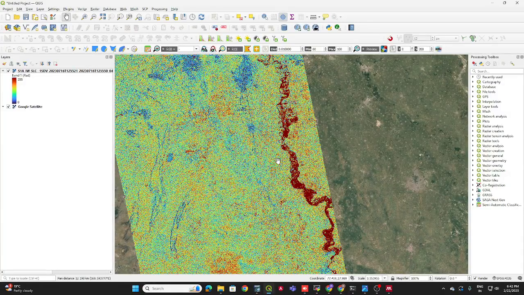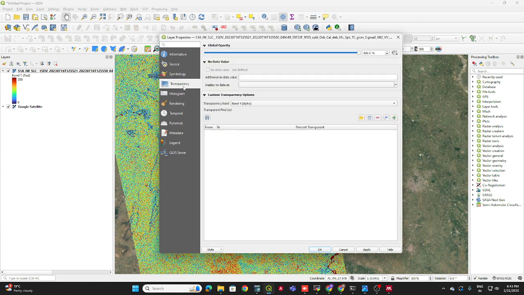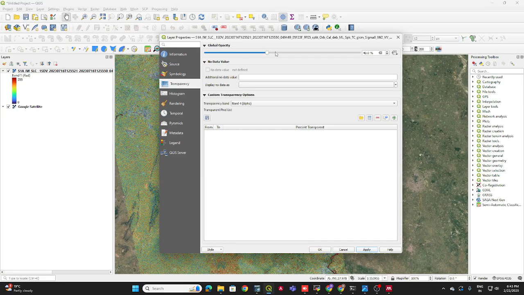Okay, these are to help you understand more. Now if we change the transparency of it, you can visualize it this way.